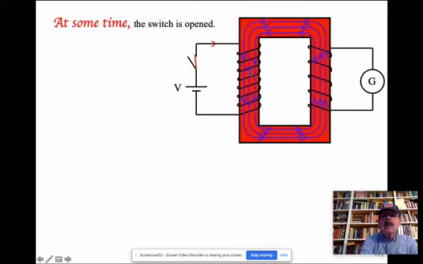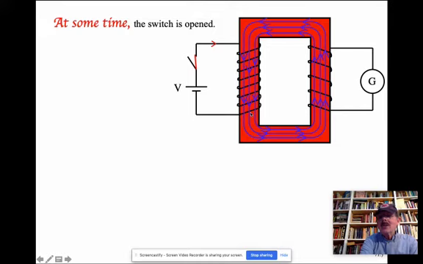Now, as I said, there's stuff that goes on in the primary as the current is building up. The current doesn't build up immediately, and the reason why is because you have a changing magnetic flux through the primary coil, and it's producing its own EMF, which is trying to produce its own induced current, which is fighting what is going on. And what is going on is that it's trying to increase the magnetic field on the axis.